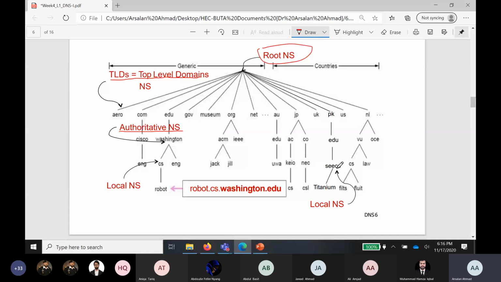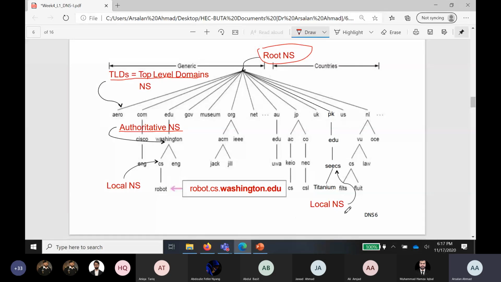Let's assume that this mapping is not present in the local name server of SEECS, and obviously the Titanium machine will first inquire the local name server, and this local name server is responsible to give the definitive IP address of the host name to be resolved to this requesting machine.